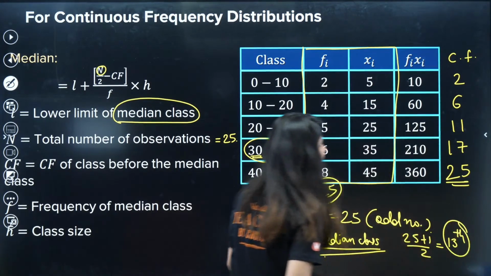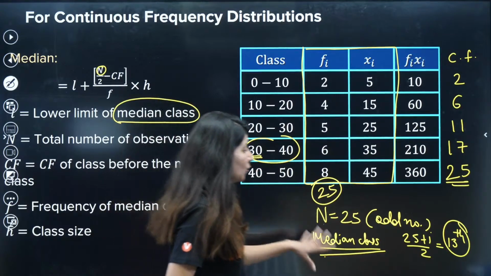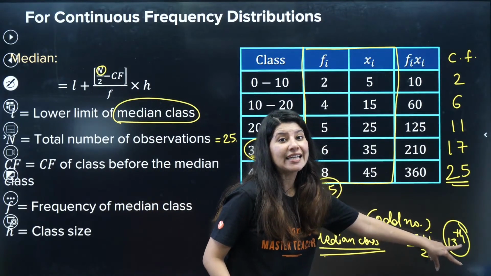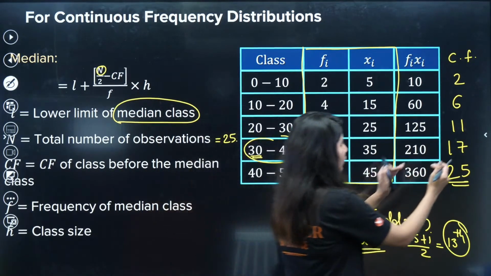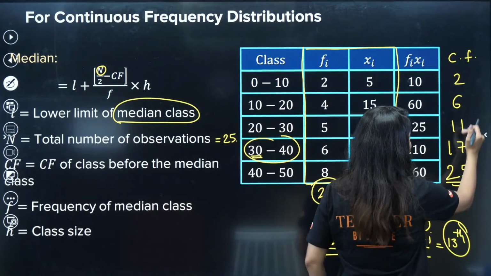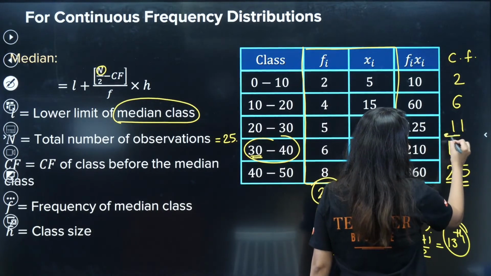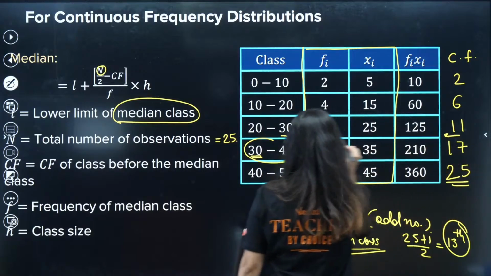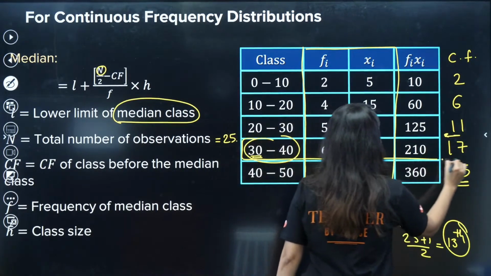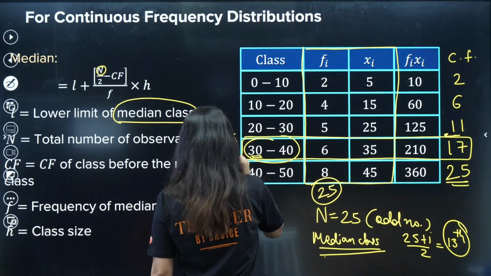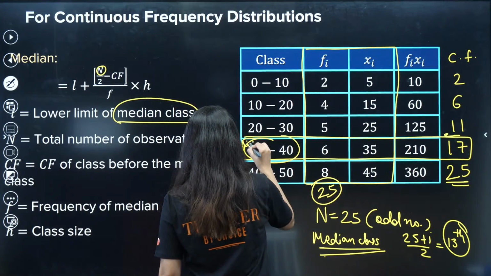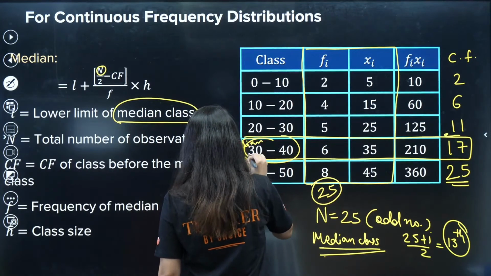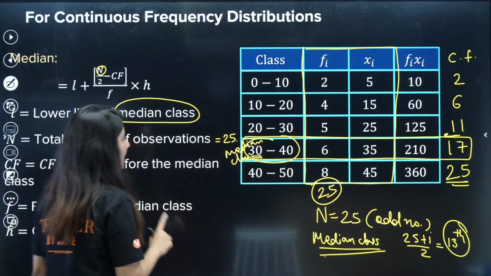So we need the cumulative frequency which is slightly greater than 13. 13 will lie between 11 and the next one, so this would be your median class. Now you know how to calculate the median class. Very important, please do not forget how to calculate the median class like this.